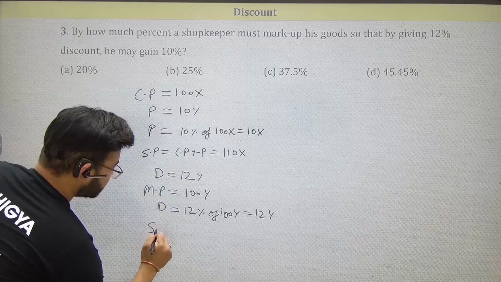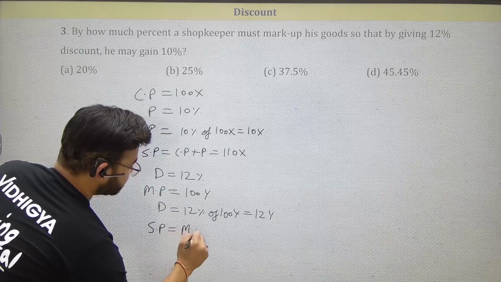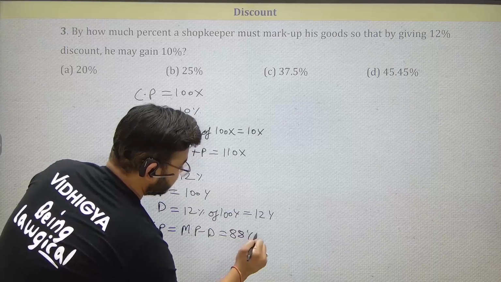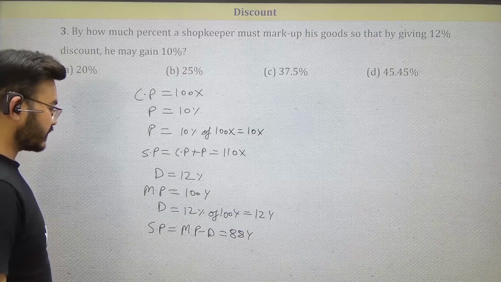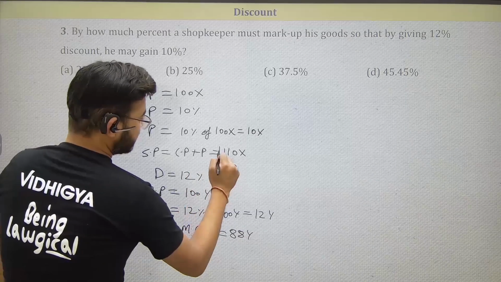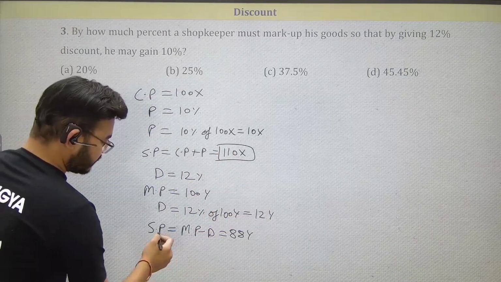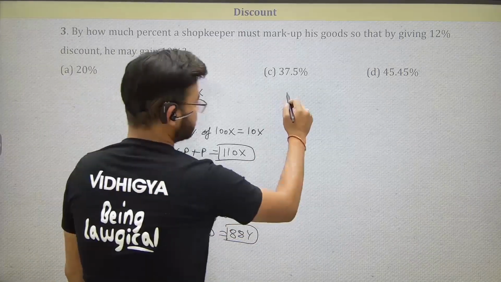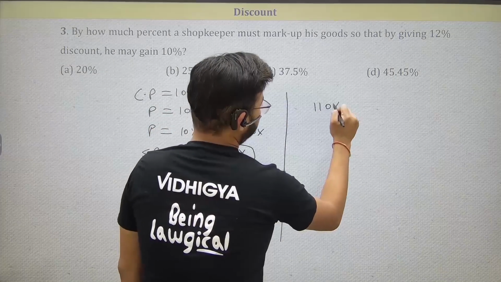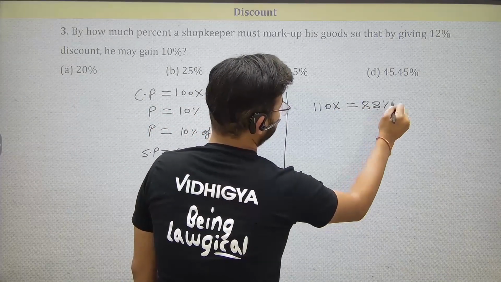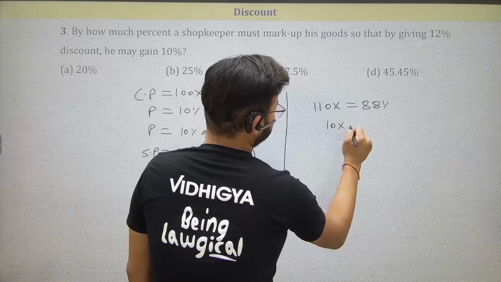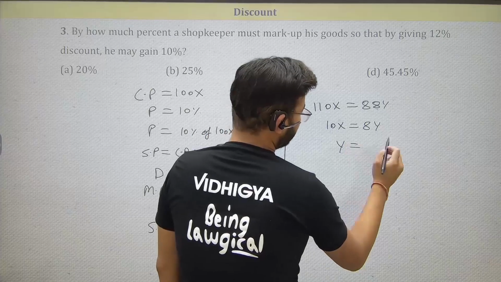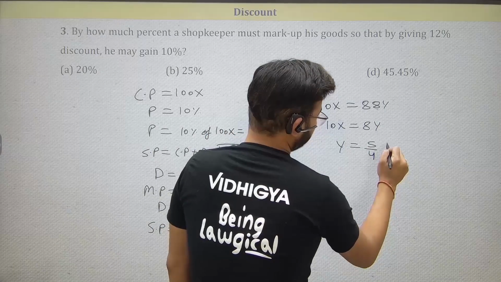So selling price will be marked price minus the discount. So that becomes 100y minus 12y, that will be 88y. Now we got the value of selling price as 110x, and we also got the value of selling price as 88y. Simply equate both these equations, we get 110x equals 88y. So 10x will be equal to 8y, or y will be equal to 5 by 4 x.